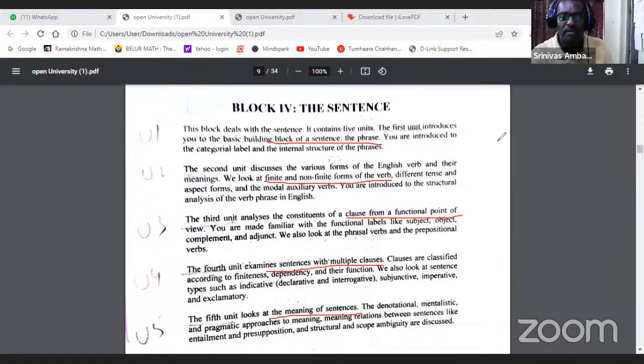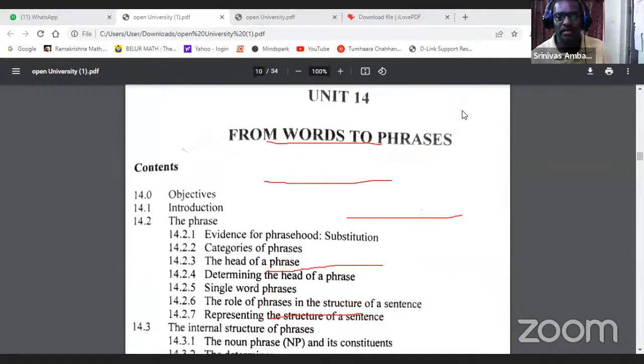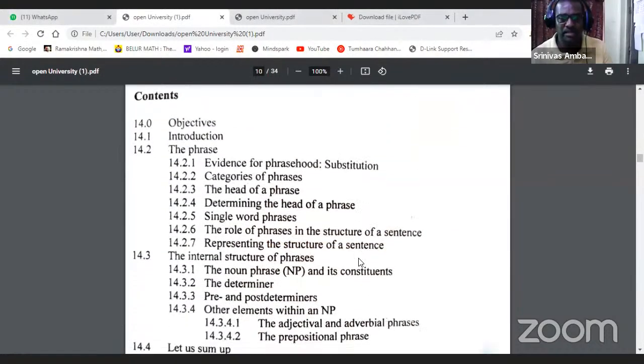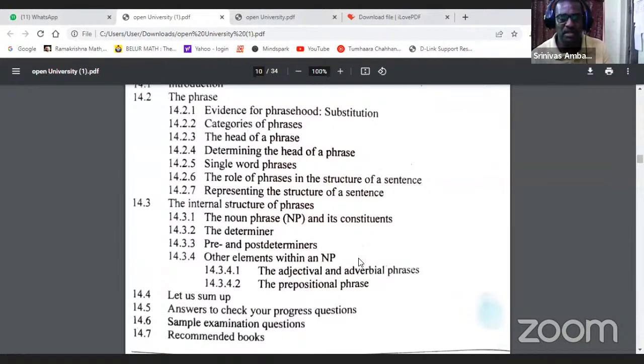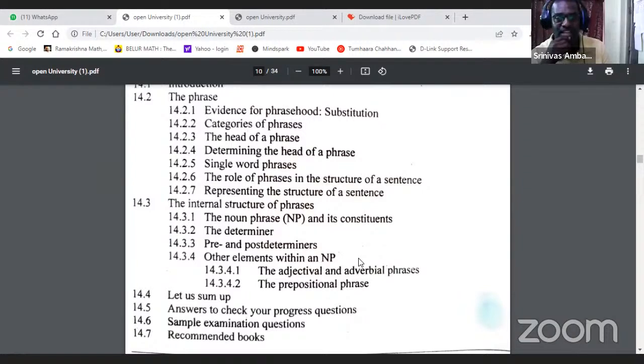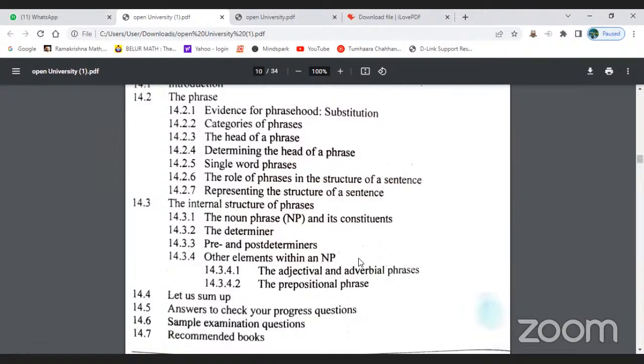Now let's move on. See, first, as I told you, unit 14. So what is the content page? See how many important words are here. Phrase. Main heading is phrase. Phrase means a group of words.